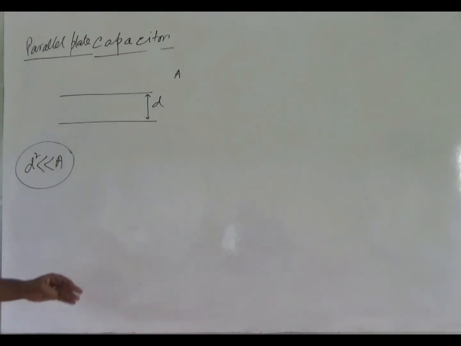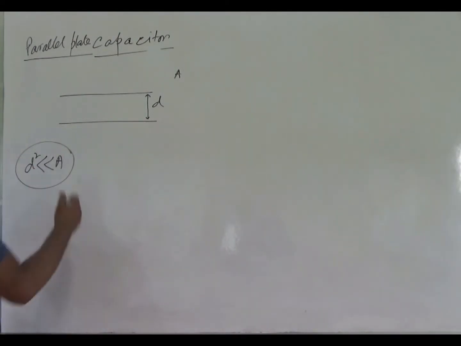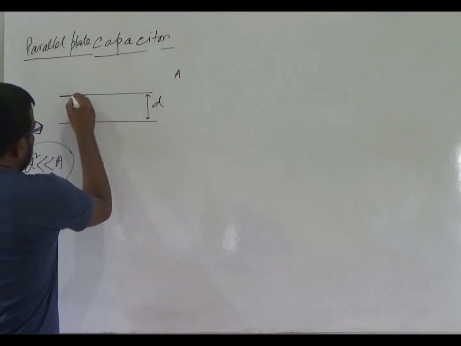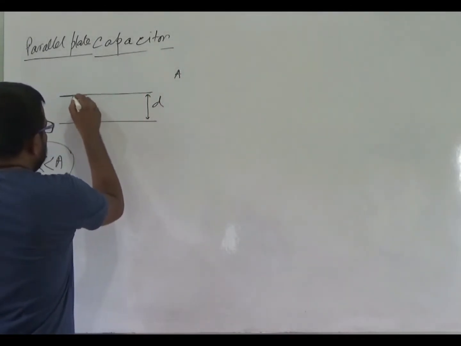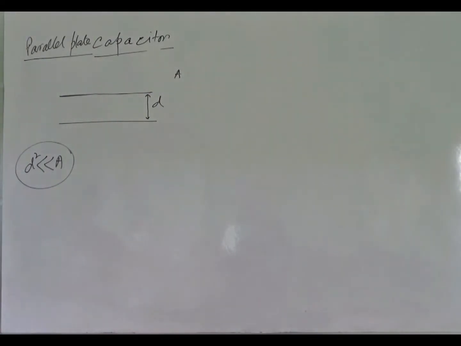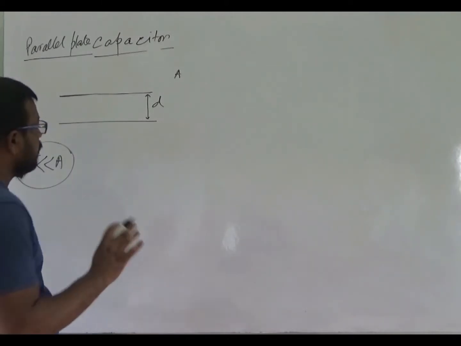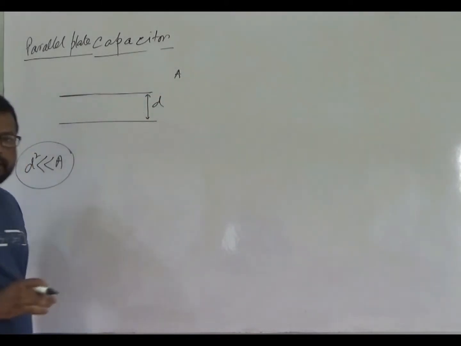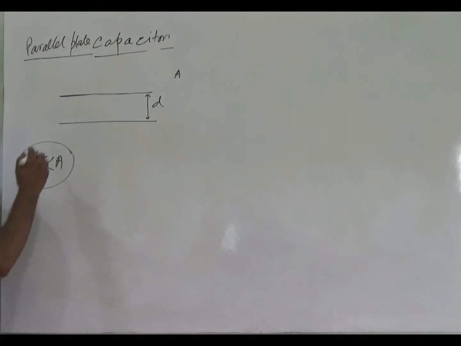Now what have we considered? We have considered two similar parallel infinite conducting plates separated by a distance d. The medium in between the plates is vacuum.